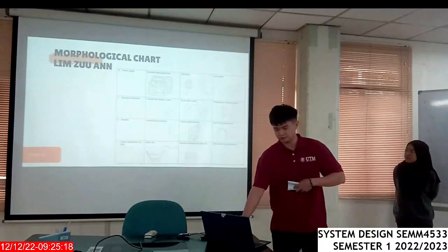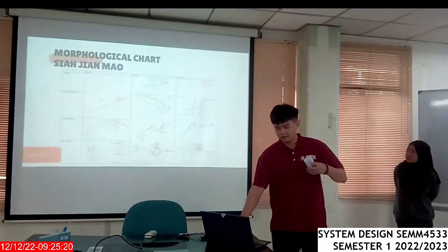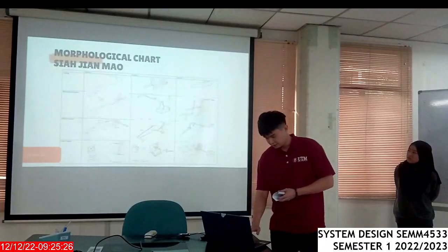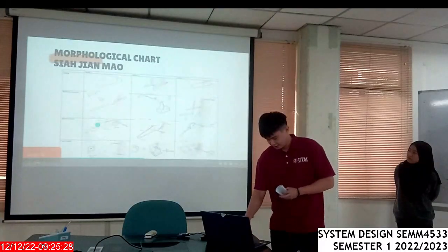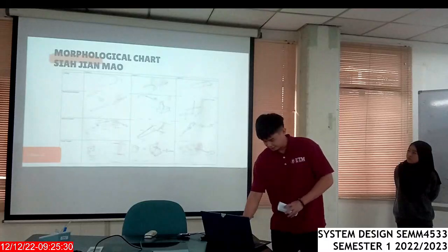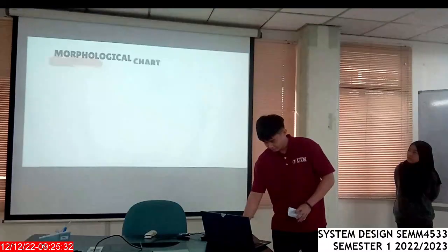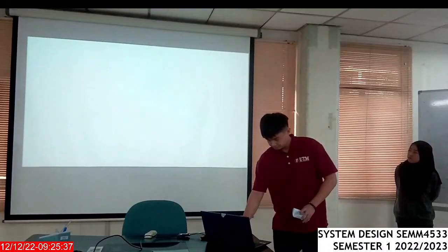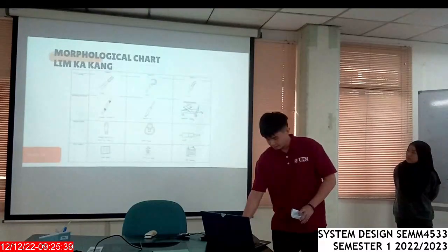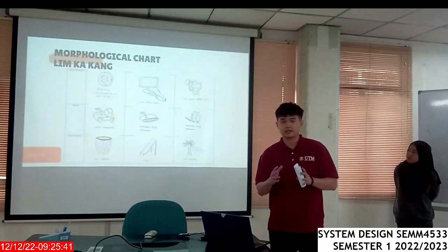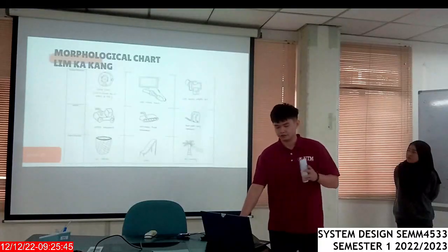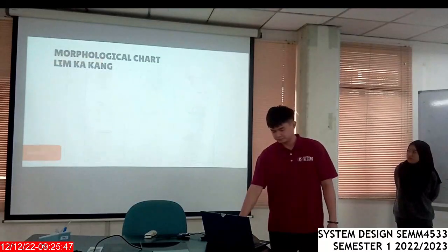So we are going to the next, which is the morphological chart from SIAH, and generally these are all of the figures that he has sketched. Here is an example. After that, we compile all of our team members' morphological charts into one single morphological chart.